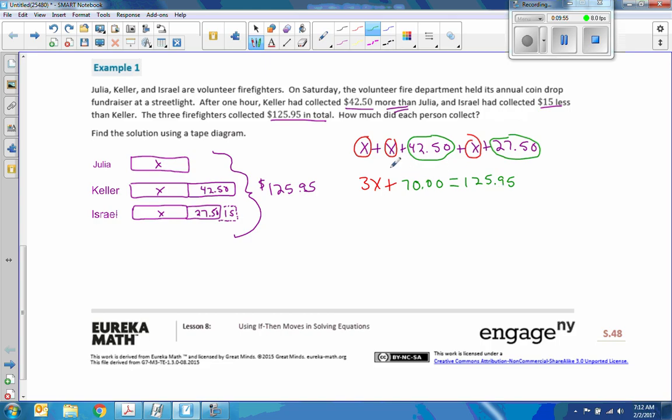All right, so we're talking about if A equals B, then I can say A minus C equals B minus C. So in other words, we are going to subtract 70 from both sides.